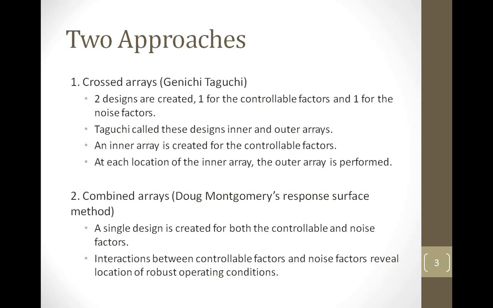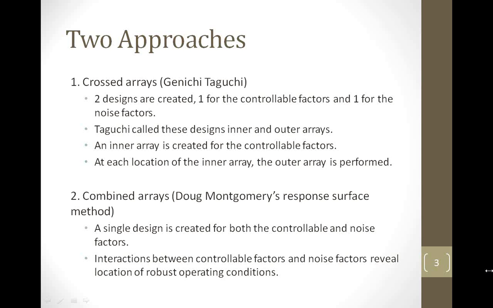Now, in Statgraphics, we provide two basic approaches to doing robust parameter design. The first uses Taguchi's crossed arrays. The way Taguchi suggested that you do it is to set up basically two experiments, one experiment for the controllable factors, the things that you normally can set by turning dials, and then a second experiment for the noise factors.